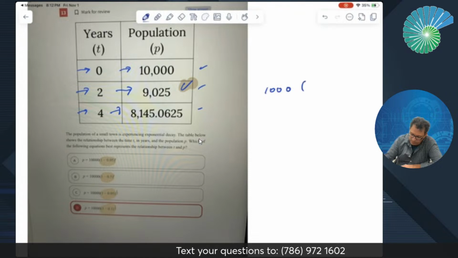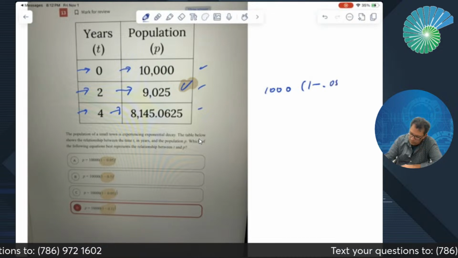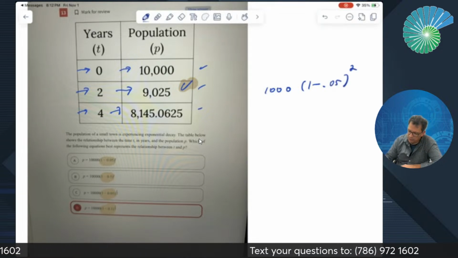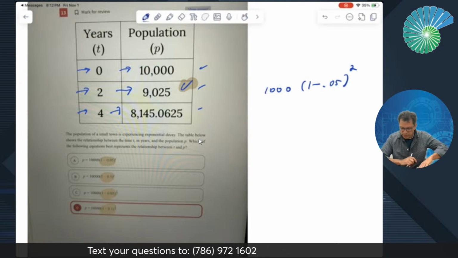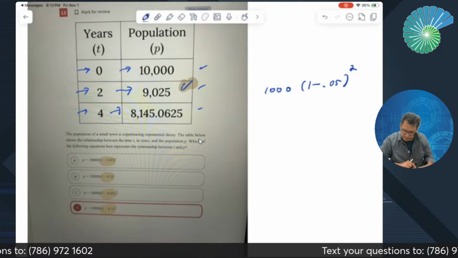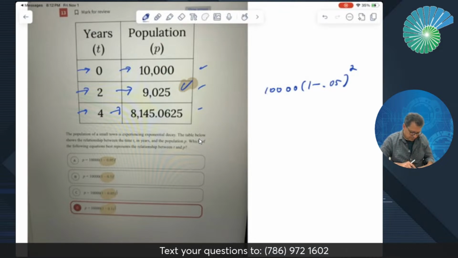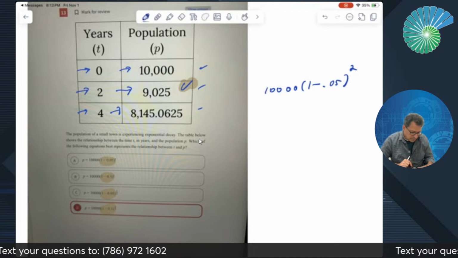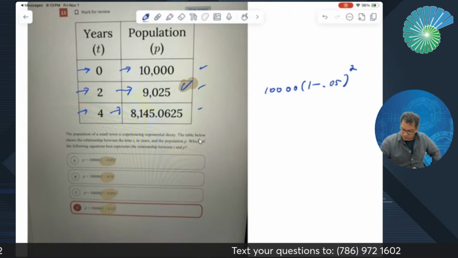You simply put this in your calculator to see if you get 9,025. I'm sorry, this is 10,000. And you do not get 9,025, so that's not the answer.